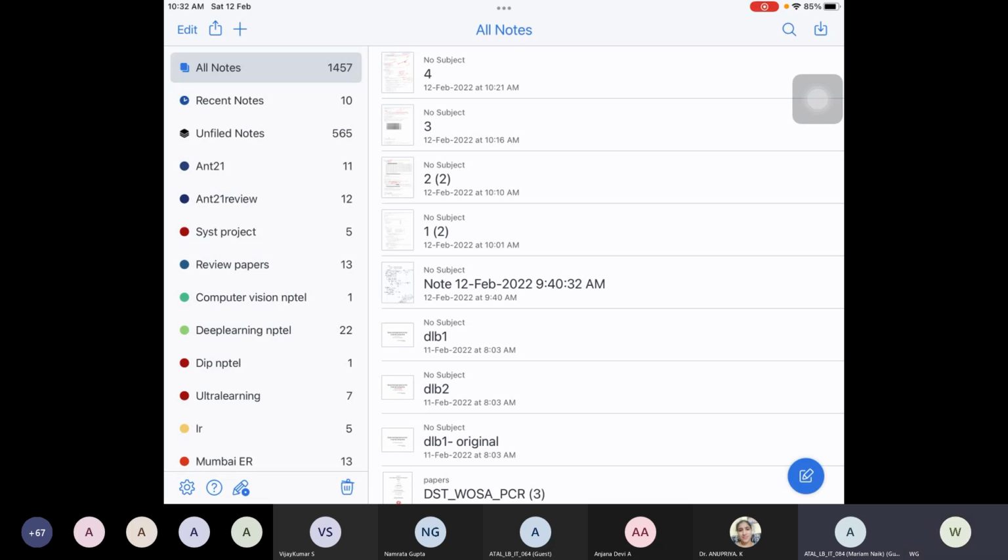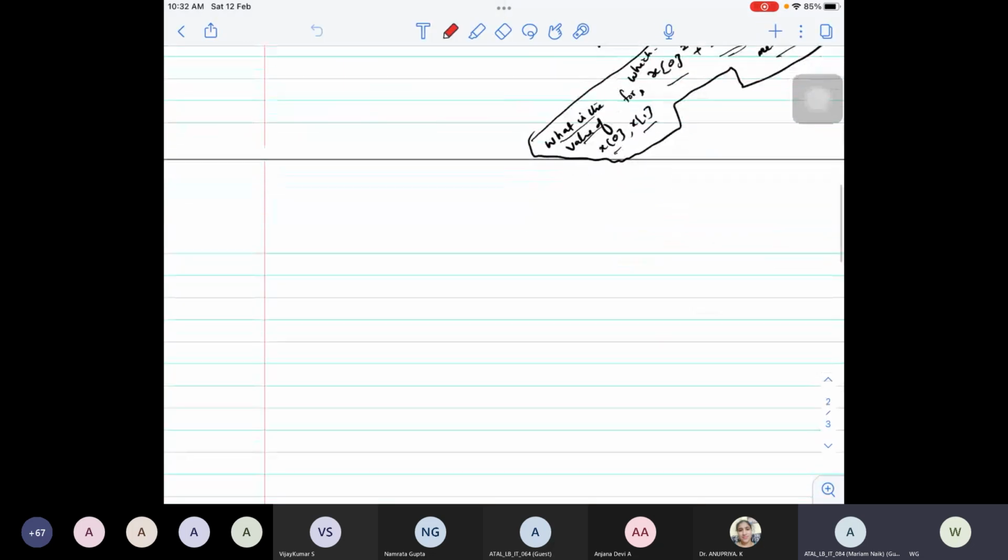So there is another metaheuristic called the Grey Wolf Optimizer.